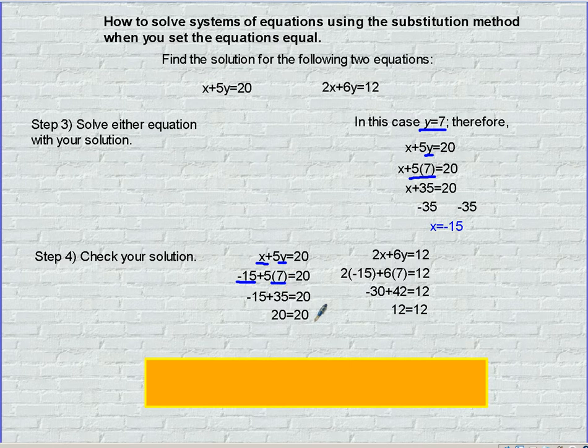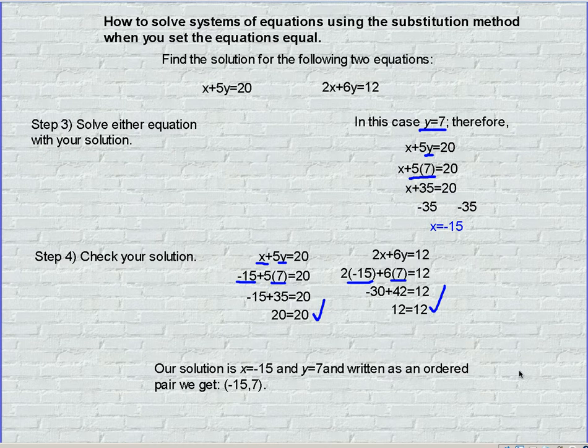That gives us 20 is equal to 20. And we do that in our other equation. 12 is equal to 12. We're good. So, we have our solution is x is equal to negative 15 and y is equal to 7. And when we write our solution as an ordered pair, we get negative 15, comma 7.